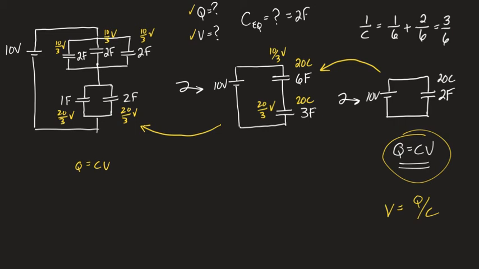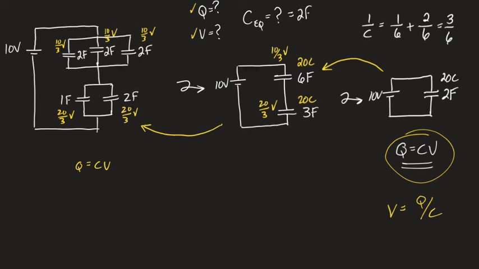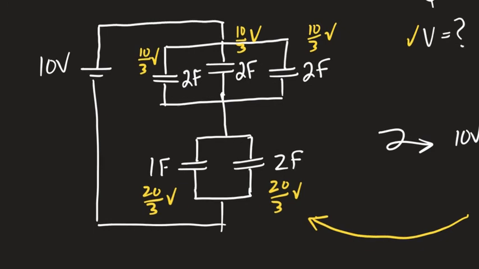So we'll focus here. And 1 times 20 thirds is 20 thirds coulombs. 2 times 20 thirds is 40 thirds coulombs. We good?